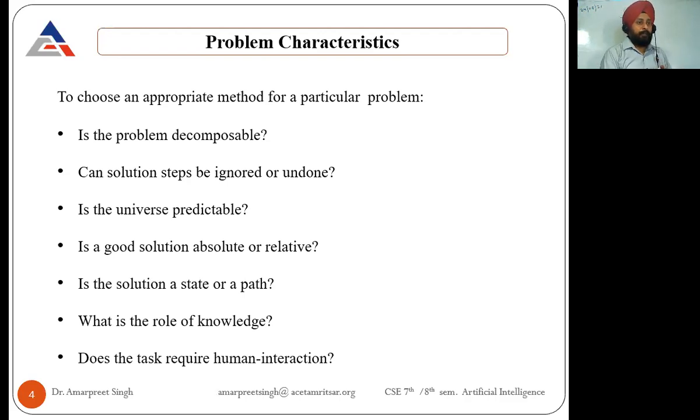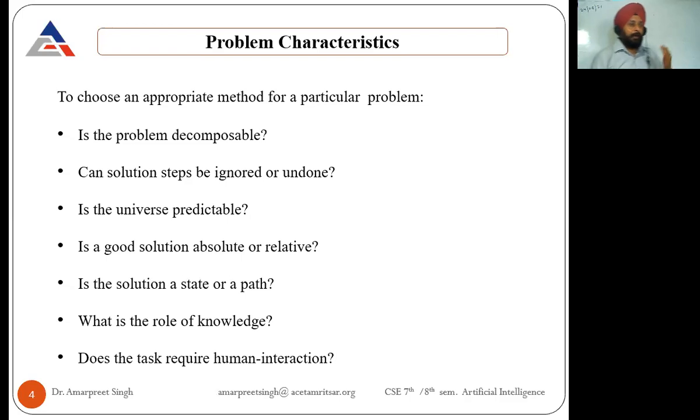So which method is the best method for that particular problem, or what is the situation in hand? According to that situation, what is the best method to find the solution? To find the best method, we have to go through the characteristics of the problem. A problem can have many characteristics.